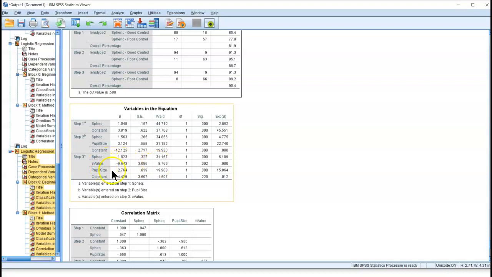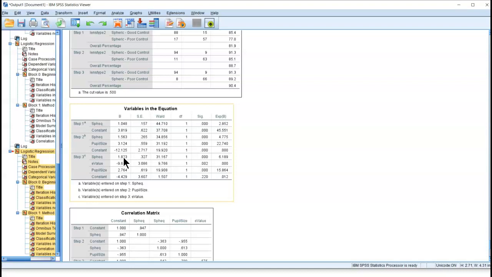Now, what this means is if you use the equation minus 4.429 plus 2.764 times the pupil diameter, minus 9.643 times eccentricity, 0 to 1, plus 1.823 times the spherical equivalent.